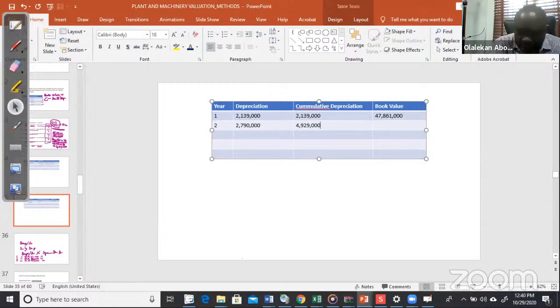Now, this is the figure you will remove from your cost, which is 50 million. That is the advantage of this: you don't have to be thinking of which one is book value. To arrive at book value, you remove your cumulative from your cost. Remove this figure from your 50 million.